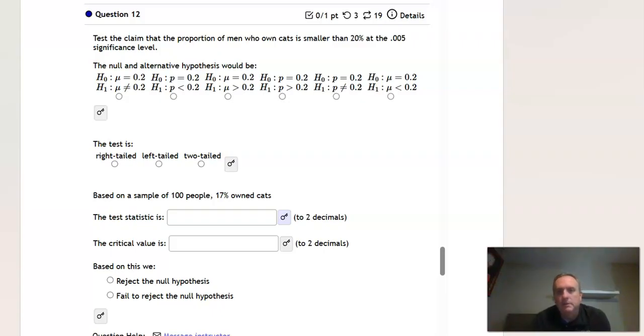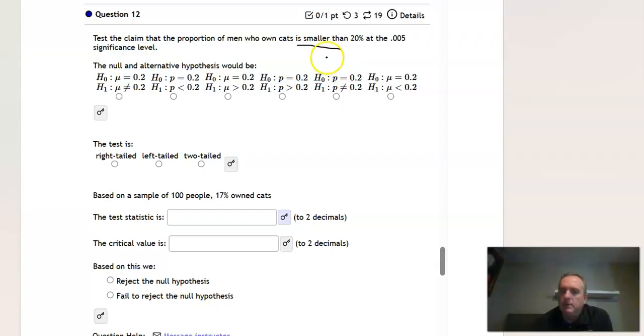You would want a small significance level for testing new drugs that treat some terrible illness. But for something like men that own cats, I would choose something that's larger, but this is what we're dealing with.